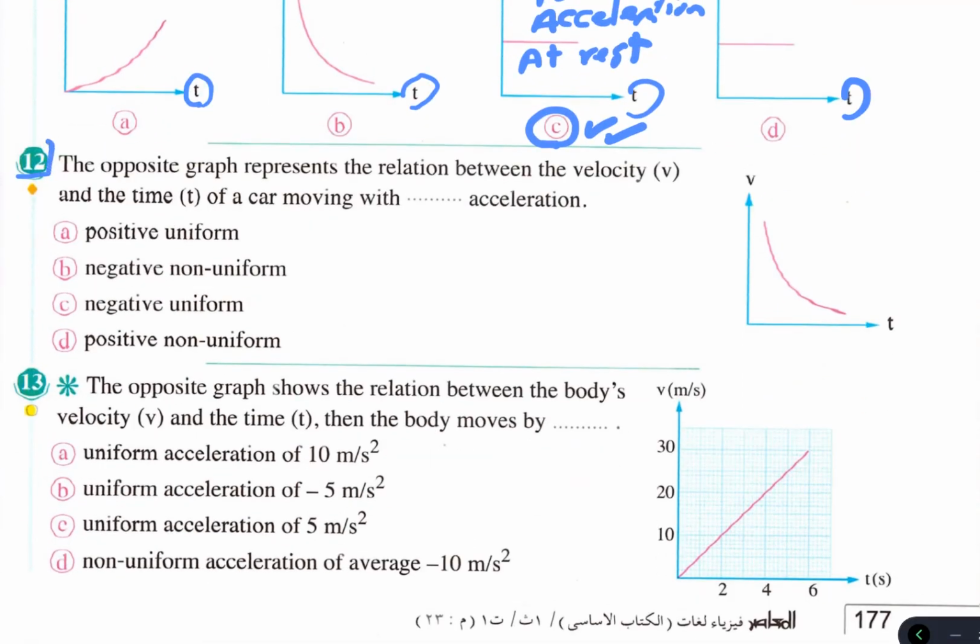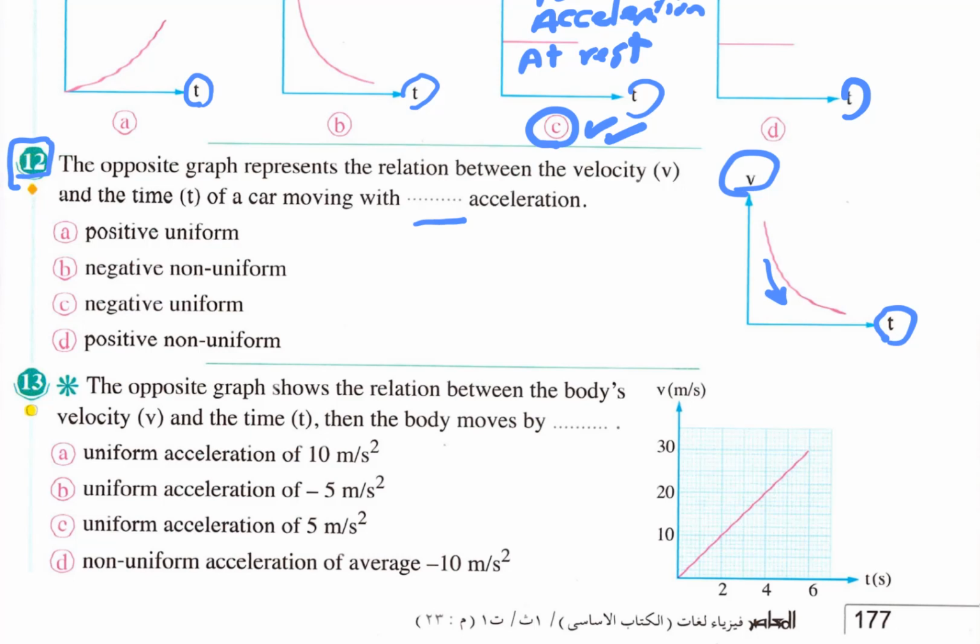Let's move to number 12. The opposite graph represents the relation between the velocity and the time of the car moving with acceleration. As you see, the velocity is changing with time. There is acceleration and the slope is negative and it is not uniform.